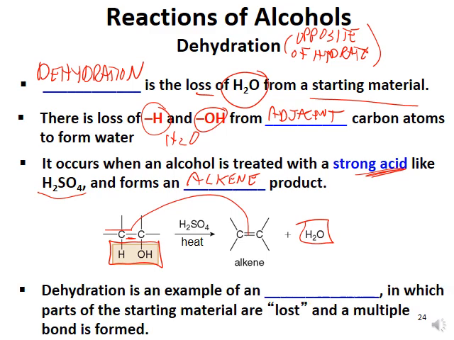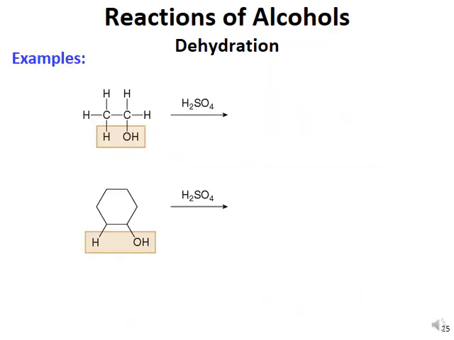And this is an example of an elimination reaction in which parts of the starting material are lost or removed and a multiple bond gets formed. This happens a lot. Here's some examples. Pretty simple.